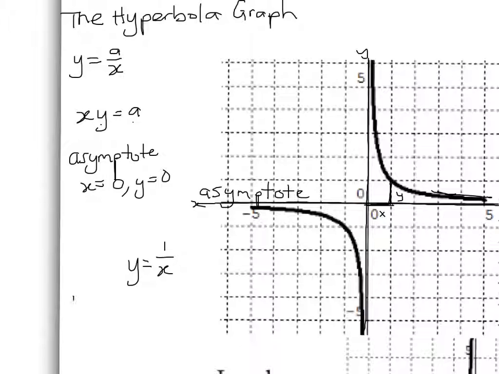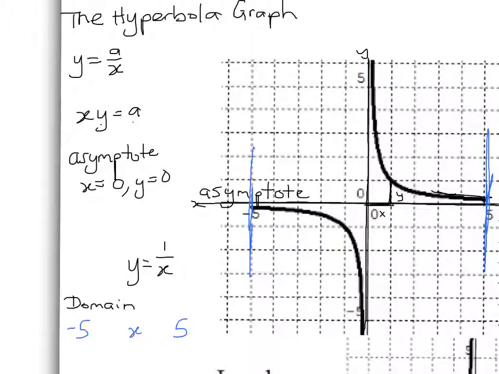You can also write in the domains of these graphs. They are symmetrical. Our domain, our x values, let's use a blue, our x values go from here to here. So they extend from -5 to 5.